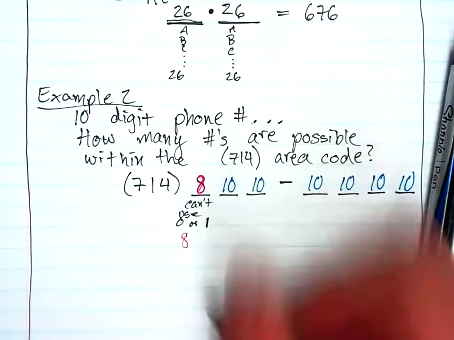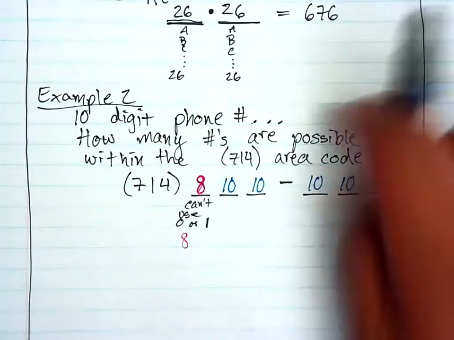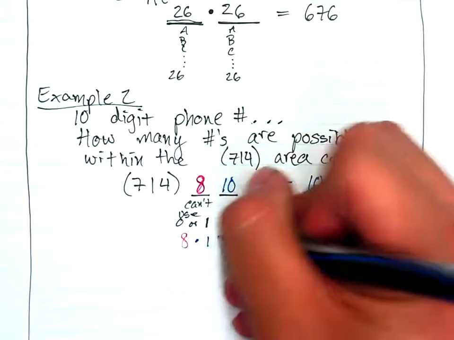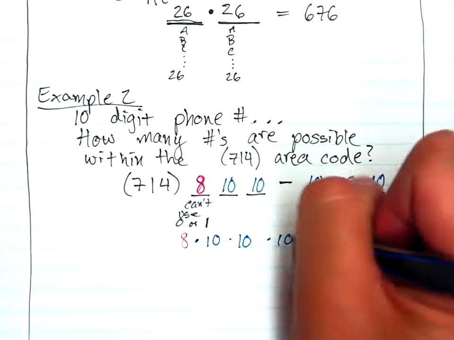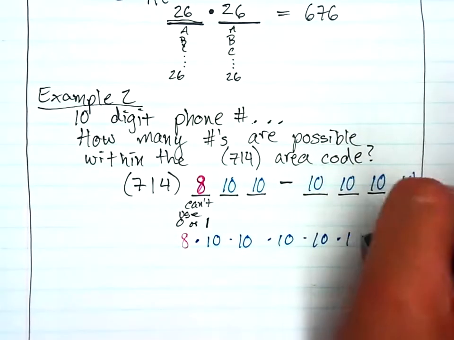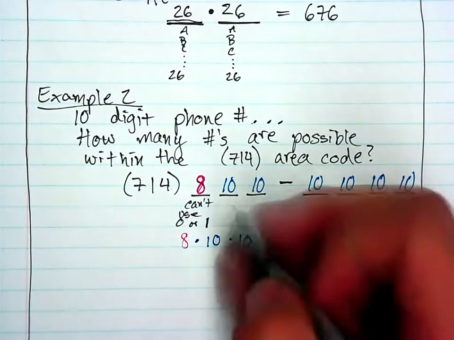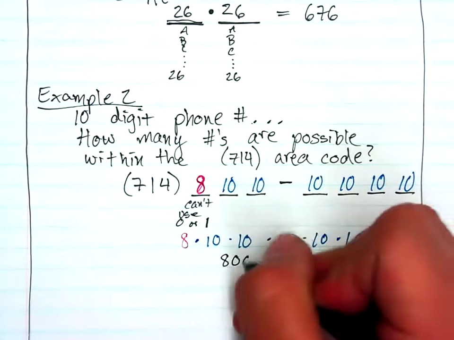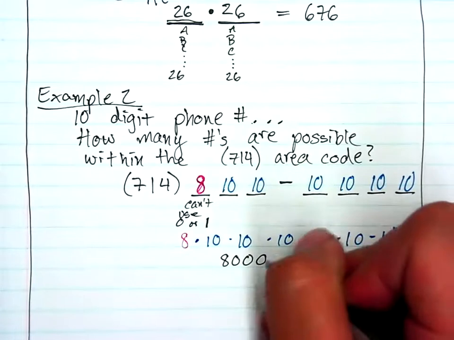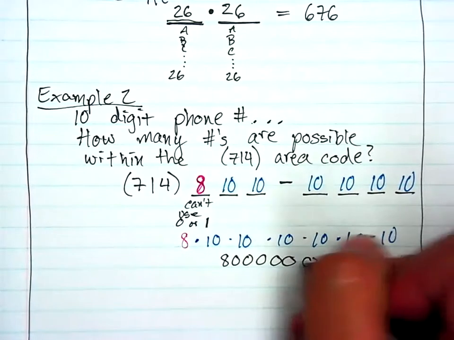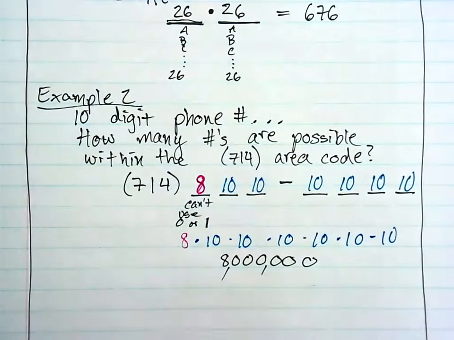So I have 8 numbers there, 2 through 9, and then 10 times 10 times 10 times 10 times 10 times 10. So in the 714 Orange County area alone, we have 8,000,000, 8 million possible phone numbers in the 714 area code.